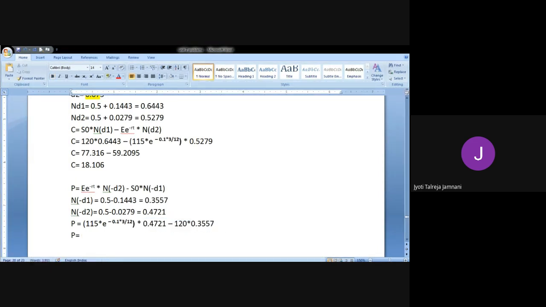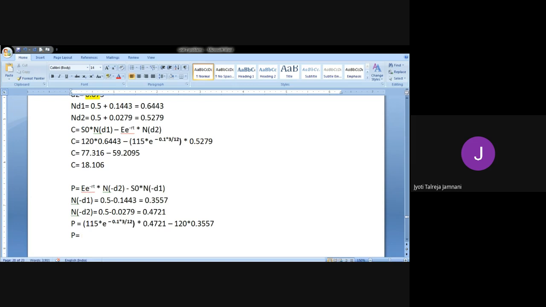So P will be equal to 112.1606 into 0.4721.